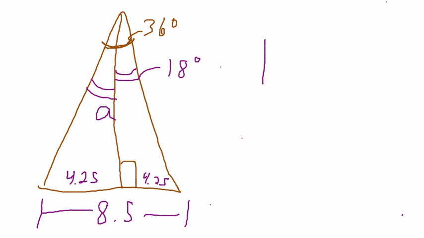Let me just redraw this slightly here. So here's A, here's the perpendicular symbol for A. This angle here is 18 degrees, and this distance here is 4.25.